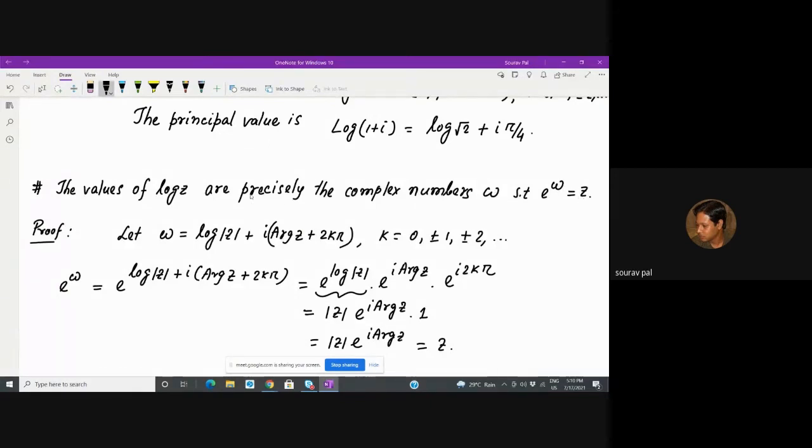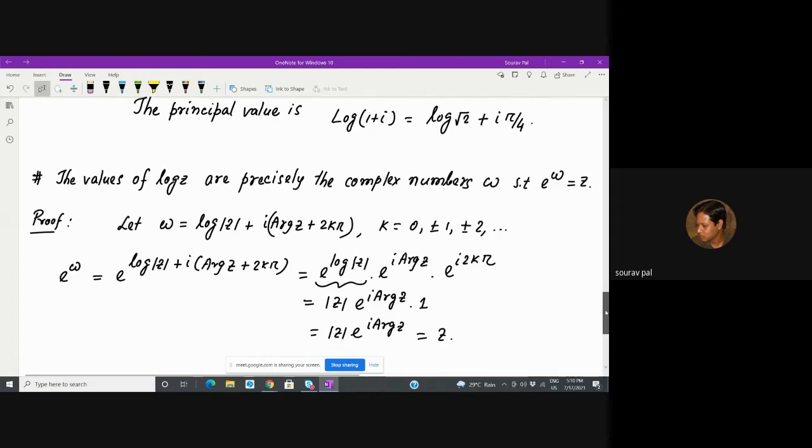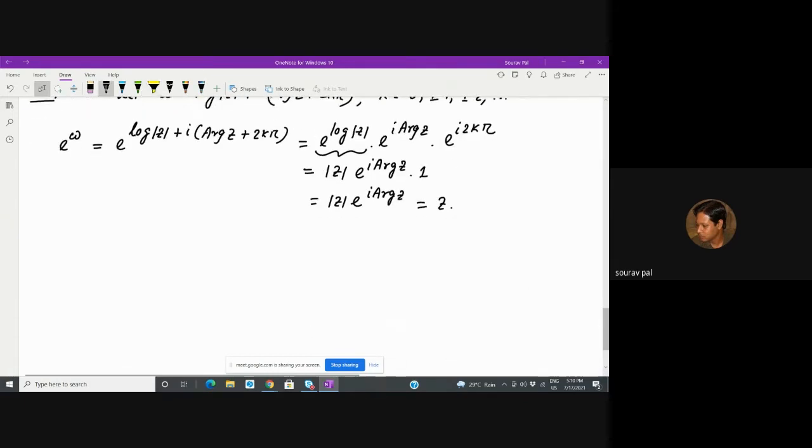Now the statement tells us that these are the precise values. How do we prove that these are the precise values? Let us see the converse.